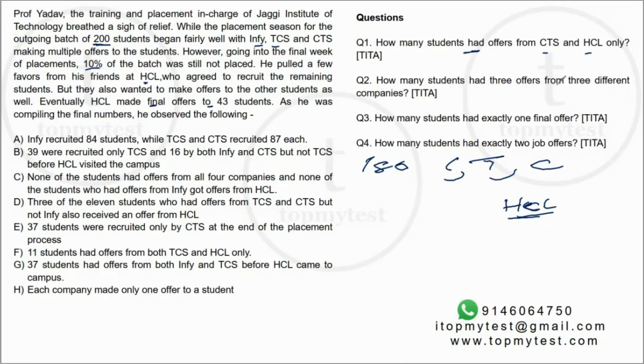How many students had 3 offers from 3 different companies? How many students had exactly 1 final offer? And how many students had exactly 2 job offers? So basically you have to figure out each of the areas in a 4 variable Venn diagram. Let's create that particular diagram and then proceed with the rest.